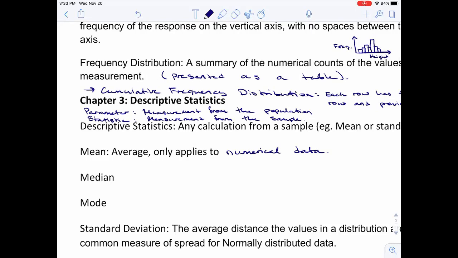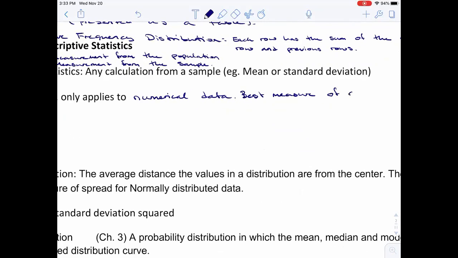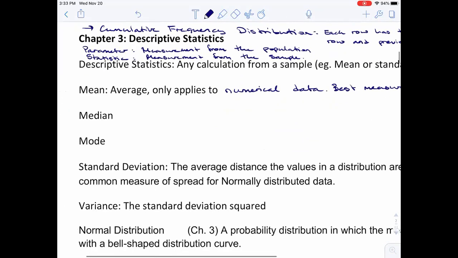The mean is the average, and it only applies to numerical data, and it's a good measure of center for a normal distribution, right? So for normally distributed variables, it's the best measure of center for normally distributed data.